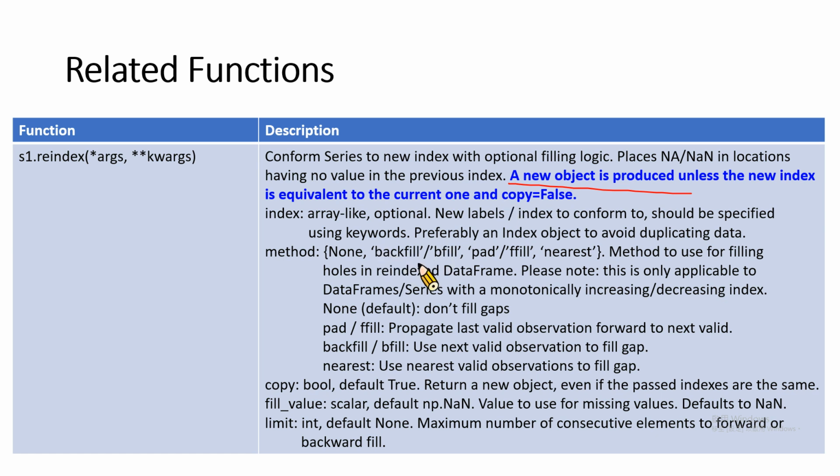So the first parameter is index, the new index here. This is the new index you want to put in the new series. The next parameter is method. Method means how you fill in the values in the new series.